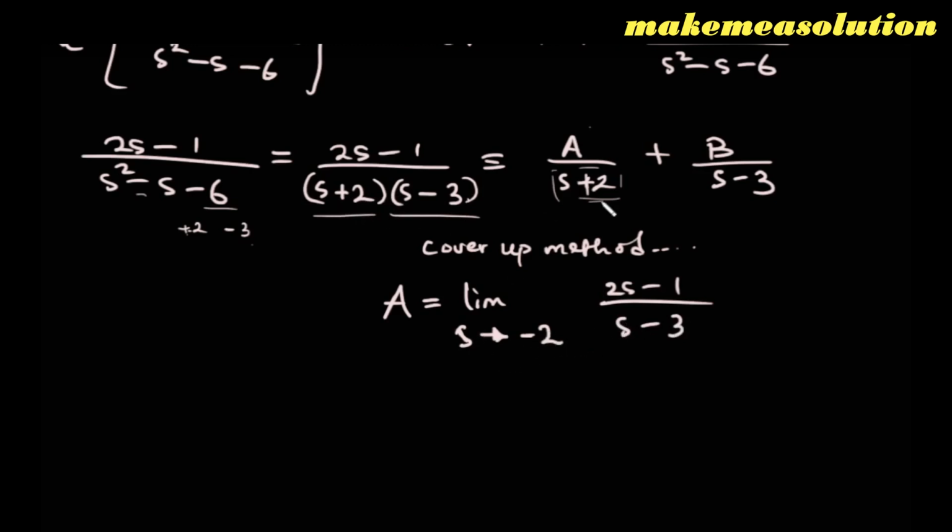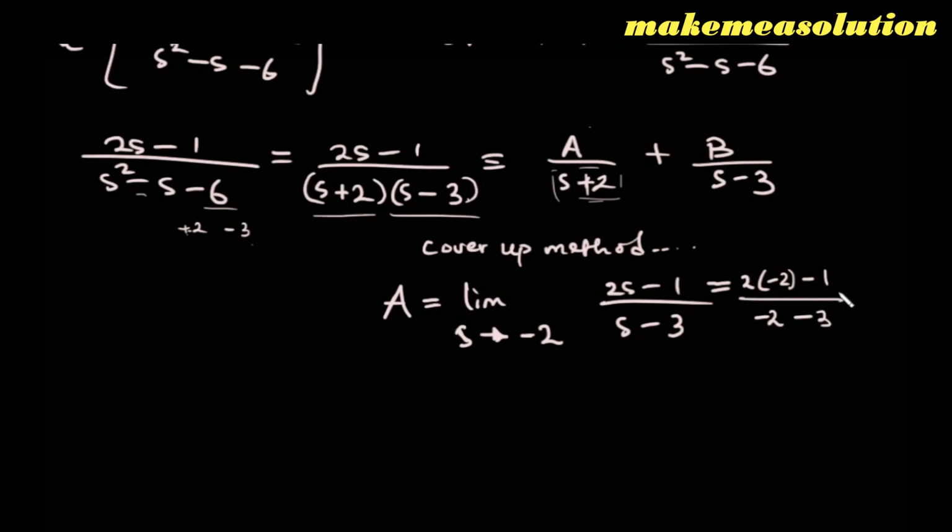You've covered up the factor belonging to A. If you evaluate this limit by direct substitution, you have 2 into minus 2 minus 1 divided by minus 2 minus 3.